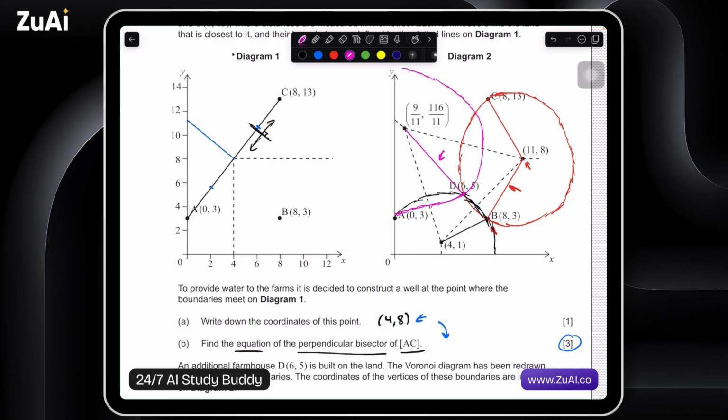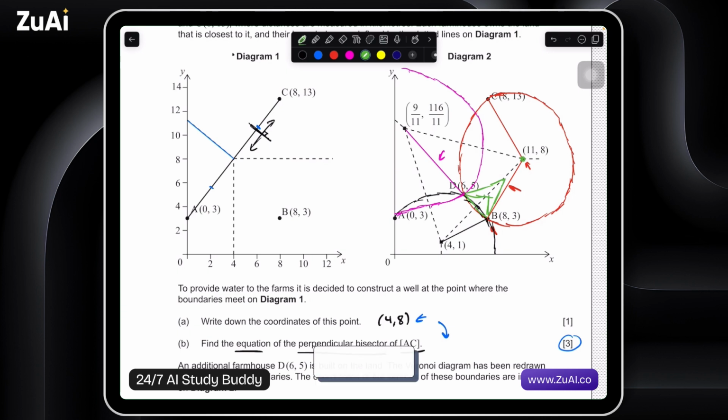If we're looking at point D right here and point B, this is equivalent, this is equivalent, this is equivalent, and so on. The boundary lines represent an equal distance between two farmhouses. And then there's one point where they meet, and that's the edge of a boundary line.